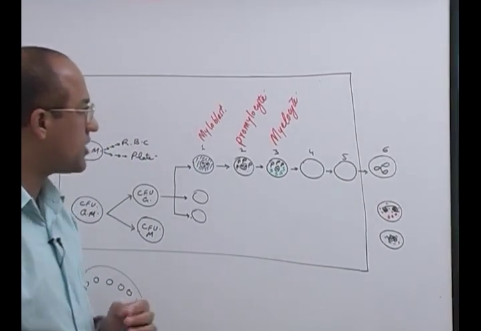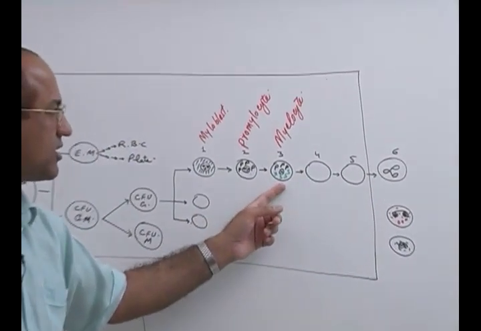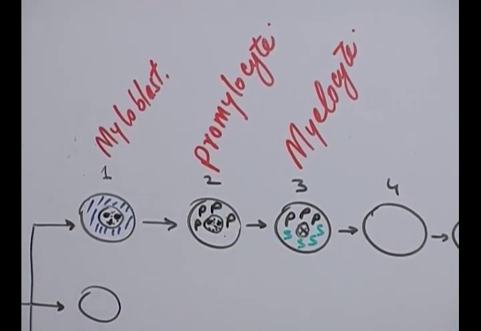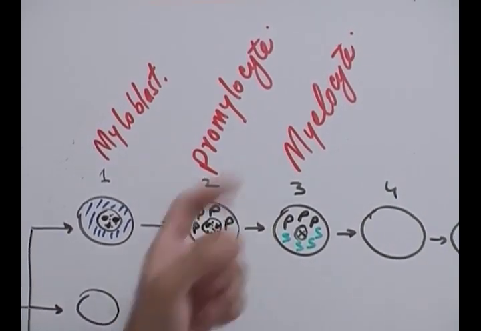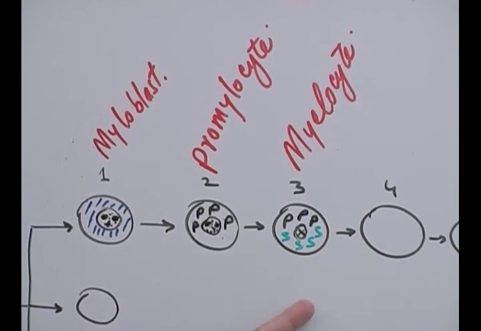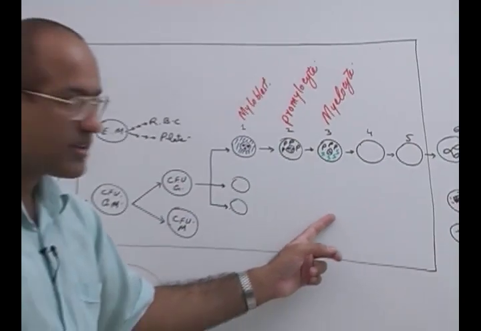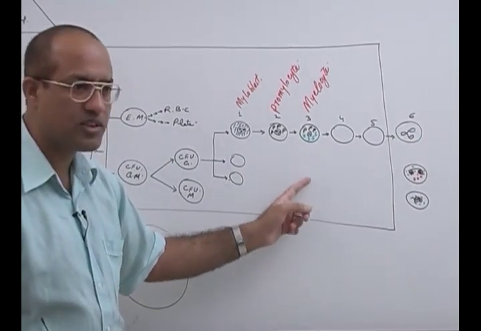Now here I would love to mention one thing. Actually at this stage, that is the myelocyte stage, there may be a neutrophilic myelocyte stage, or there may be an eosinophilic myelocyte stage, or there may be a basophilic myelocyte stage, right? These start making specific granules.